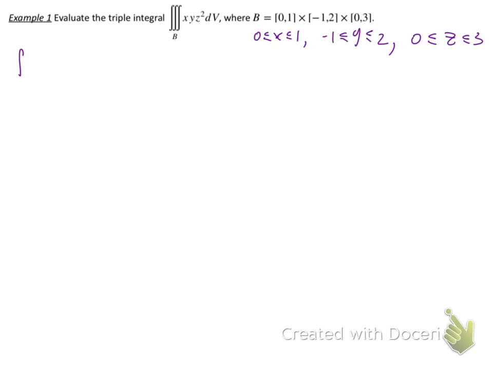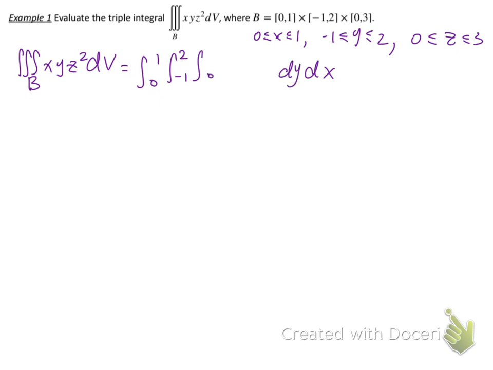Because the domain that our integral is over is a box, dV will just be the integral from 0 to 1 dx, -1 to 2 dy, 0 to 3 dz, and then inside you have xyz squared.